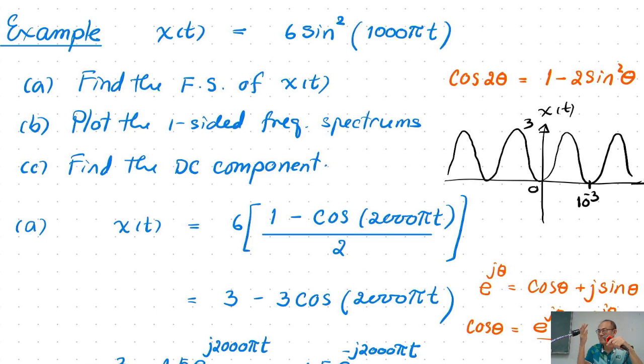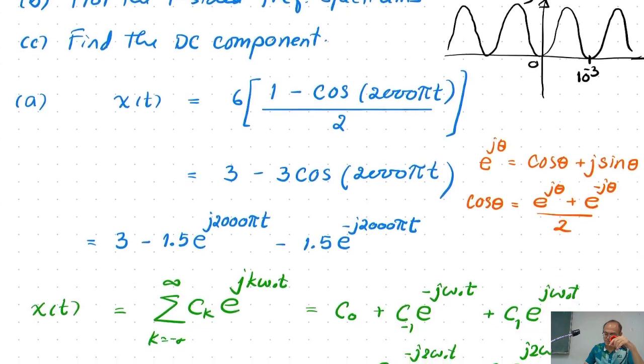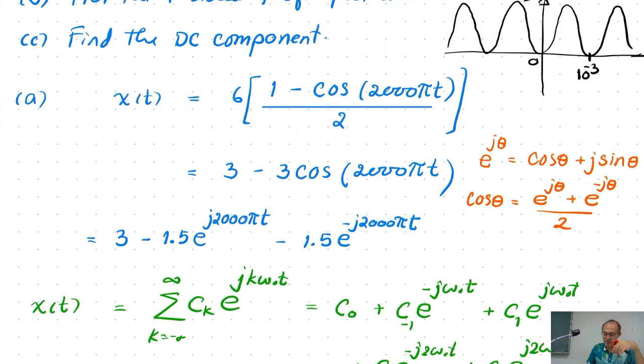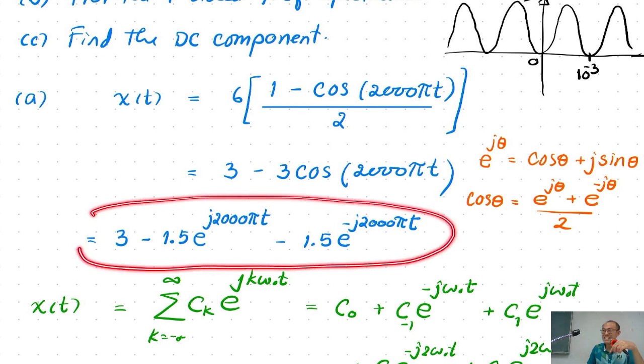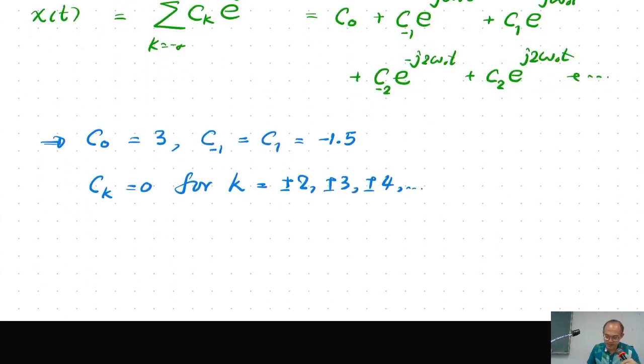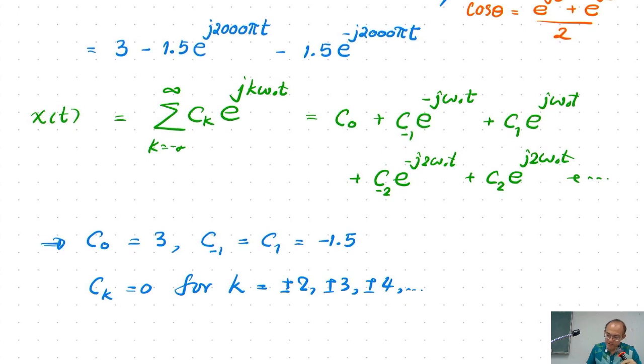You have to maybe think outside of the box to find CK. So this is already the Fourier series of the signal. Now we want to plot the one-sided frequency spectrum. Now let's do it in part B.